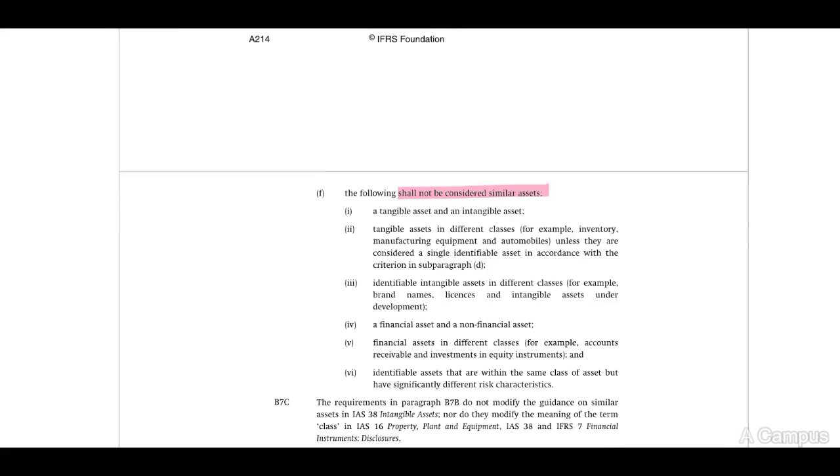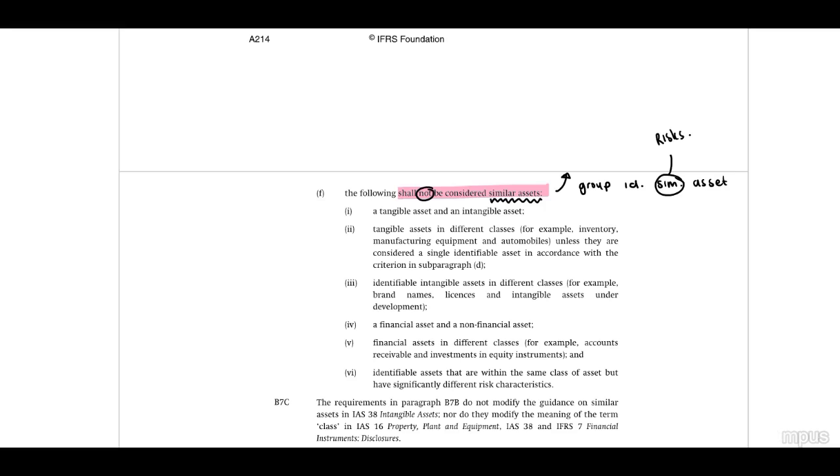The following shall not be considered similar assets. Now look at this, guys. This is in terms of our group of identifiable similar assets. Remember, if we refer to similar, we need to look at our risks and the classes. Okay. 1.